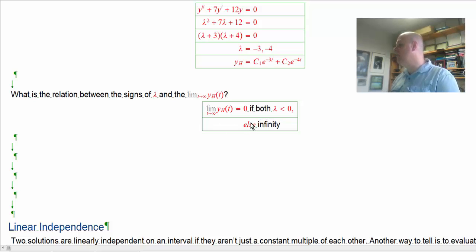And if we want to be perfect here, it'll be plus or minus infinity. But it's unbounded. So as t approaches infinity, the homogeneous solution always eventually goes to either 0 if both eigenvalues are negative, or infinity if both of them are positive or if one of them is positive.